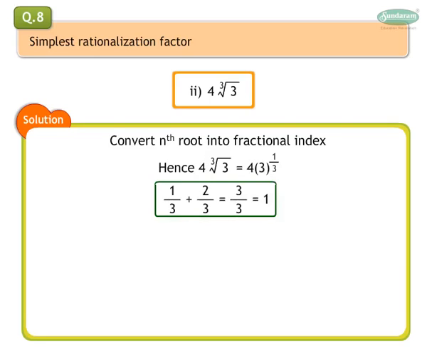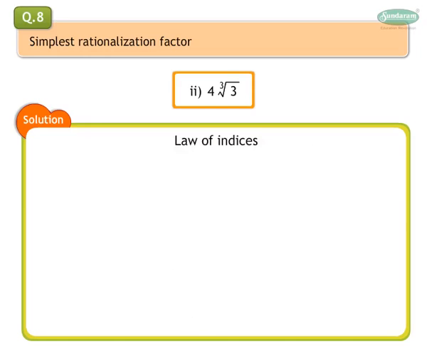So we have to multiply the number, that is 4 into 3 raised to the power of 1 upon 3, by 3 raised to the power of 2 upon 3 to get a rational number. So we get 4 multiplied by 3. Laws of indices, where a raised to m into a raised to n is equal to a raised to m plus n.